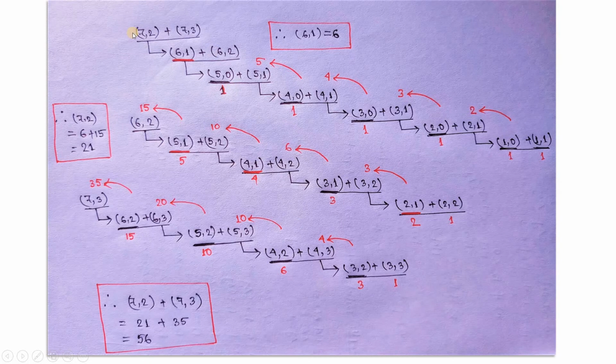So here is the dry run. Our initial n value was 8 and k value was 3. In our recursive call, we first decrease the n value and k value by 1 and 1. So 8 and 3 will be decreased to 7 and 2, because 8 decreased by 1 is 7, and 3 decreased by 1 is 2.